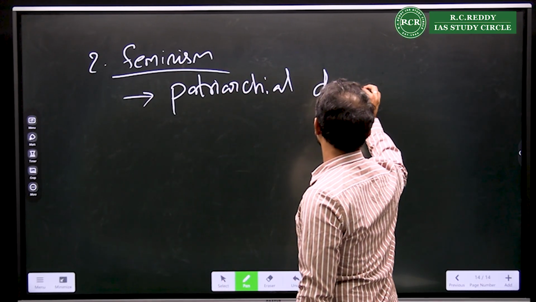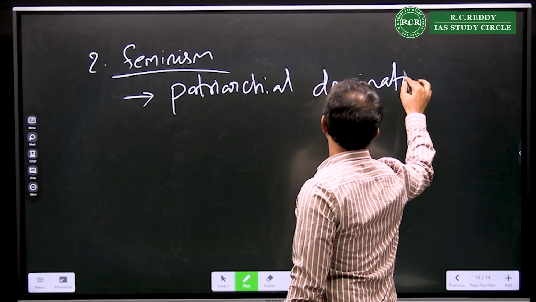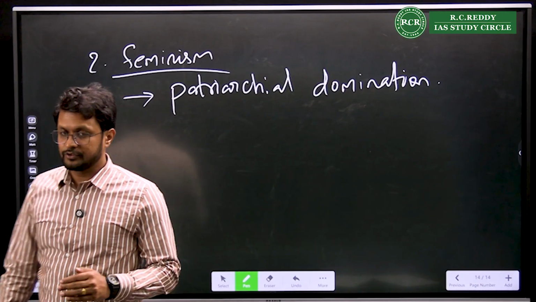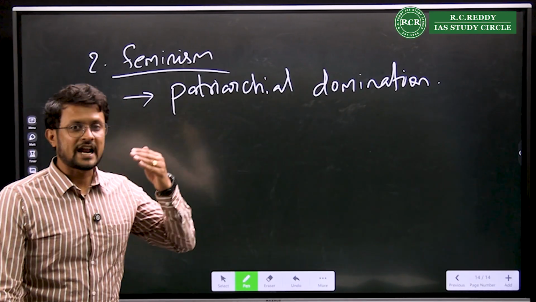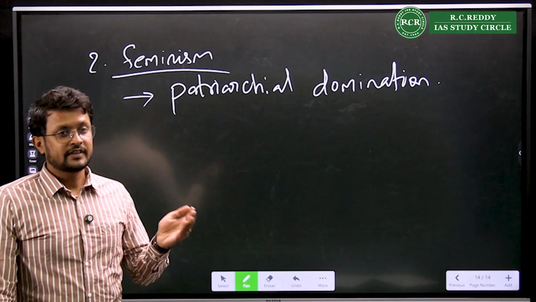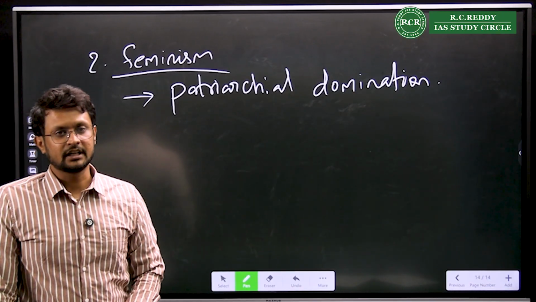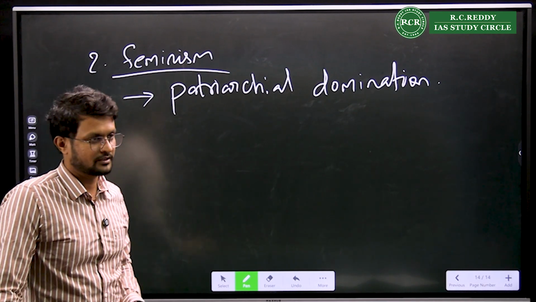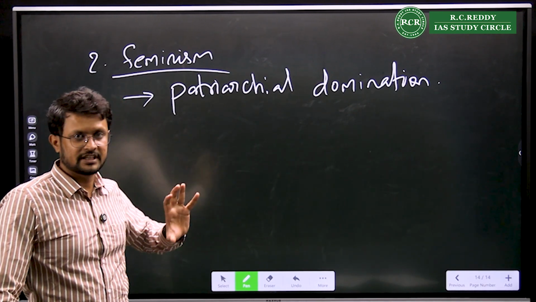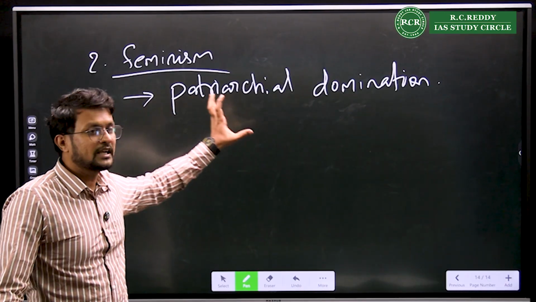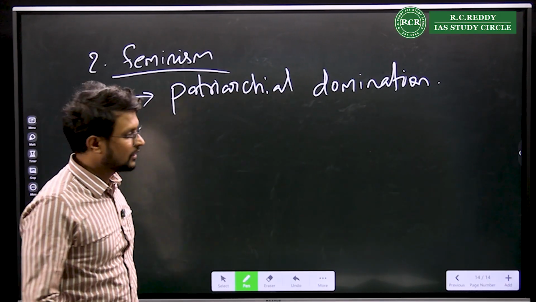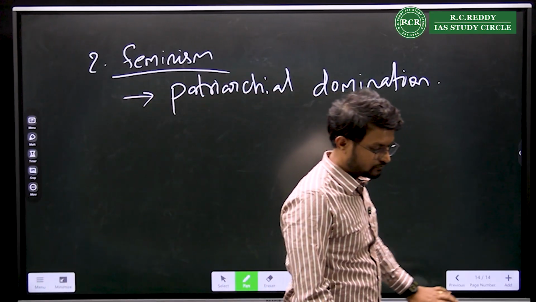If you see the different strands of feminism also, radical feminism came later, which was critical of both liberal and socialist theories, saying that they do not address the patriarchal aspects of society.